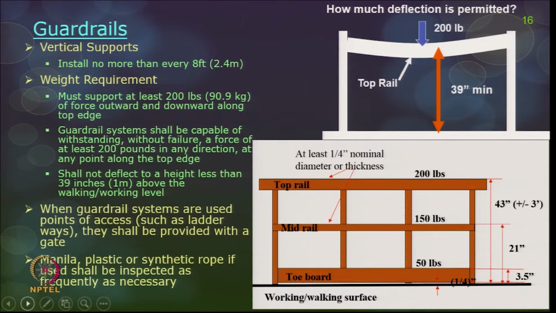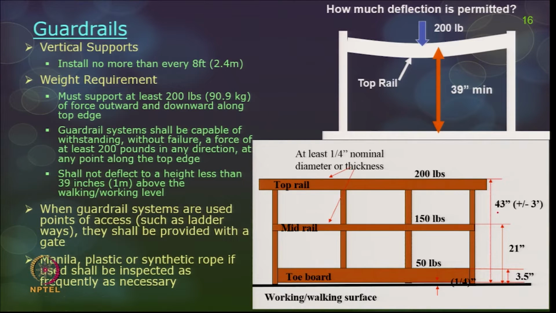Now, if you talk about the weight requirement, the entire guardrail should be able to support at least 200 pounds or 100 kgs of force in any direction along the top edge. Okay. It can be in outward, forward, downward direction, whatever direction you apply. There can be a deflection, and the deflection should not be more than 39 inches from the walking or the working surface.